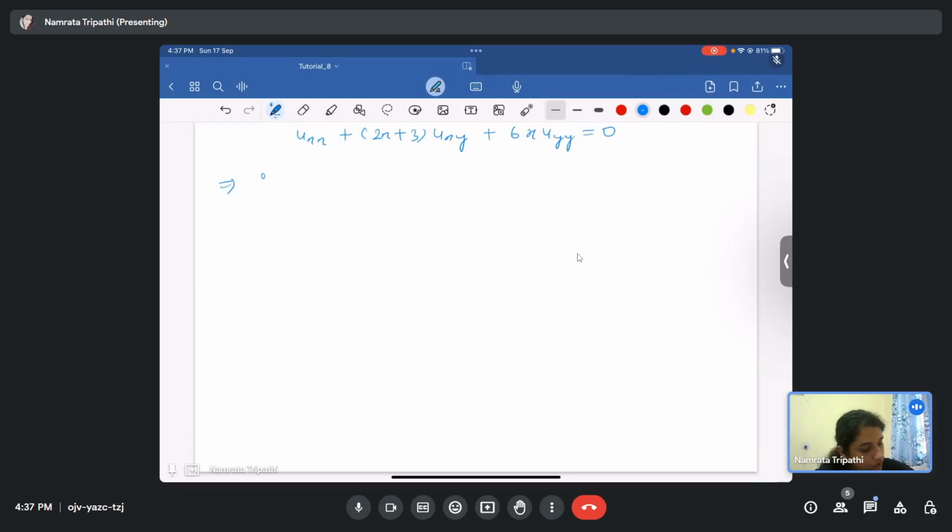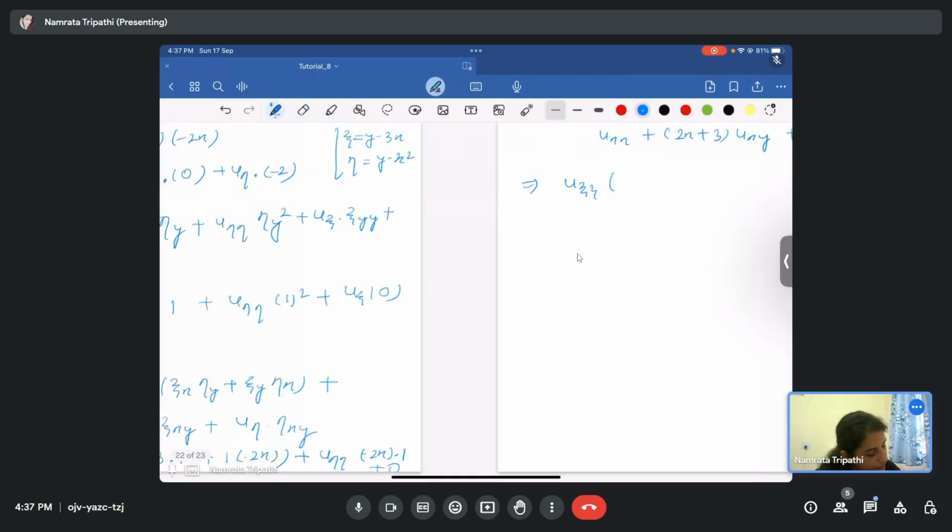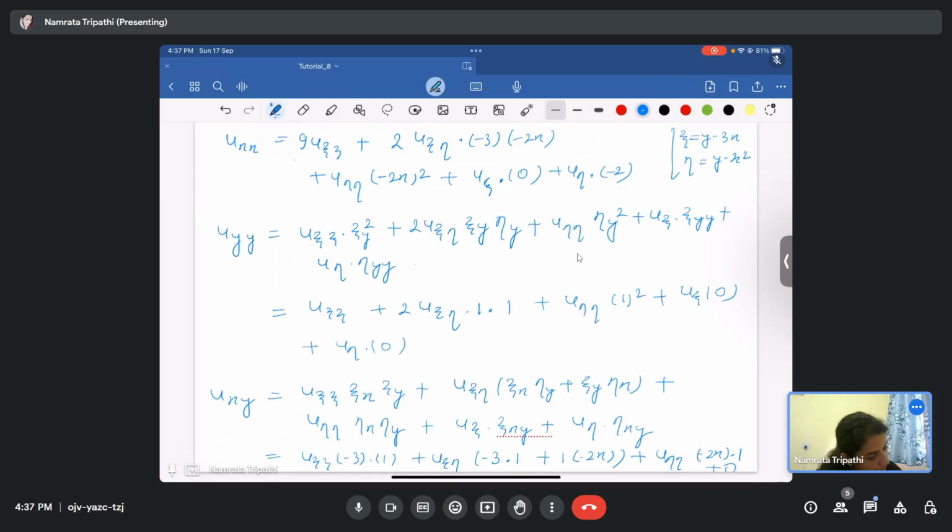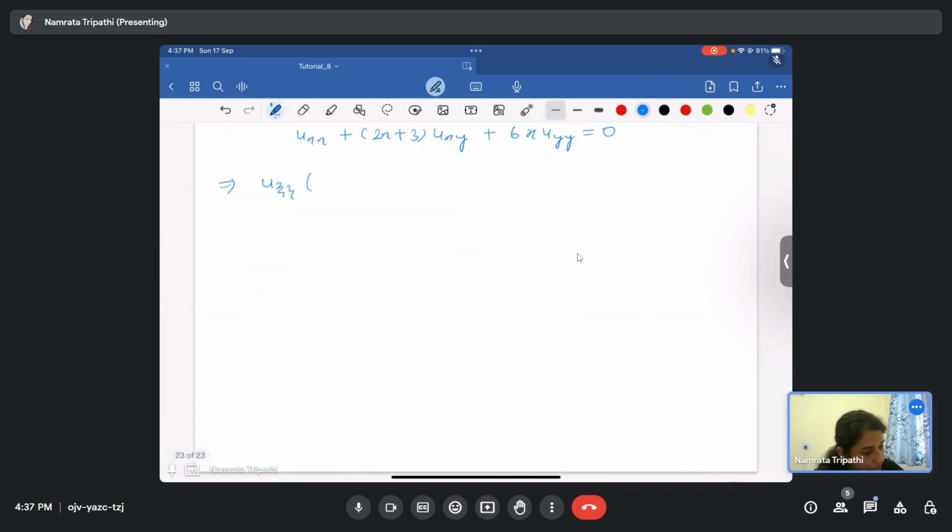After substituting, I'm going to collect the coefficient of u xi xi from here and from here. After substituting and calculating the coefficient, you will get this expression: for u eta eta, you will get 4x square plus 6x. You can check the calculation. I'm just putting the values of uxx, uxy, uyy.